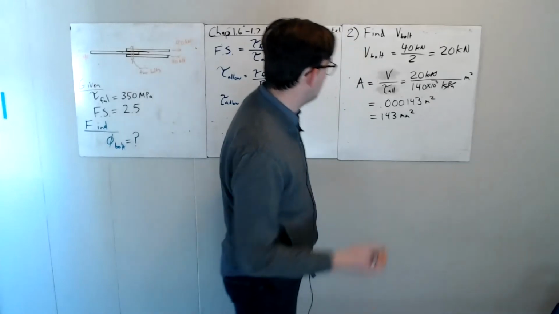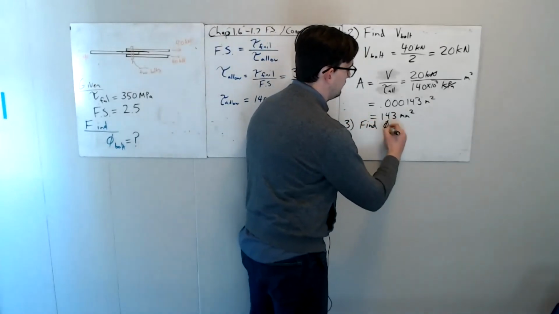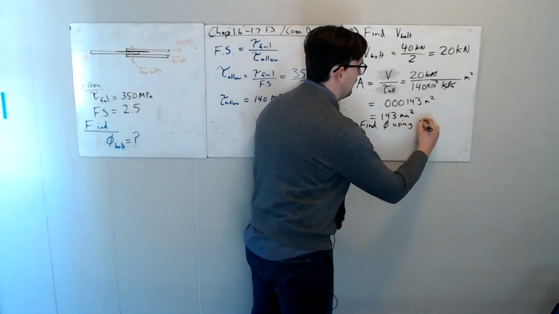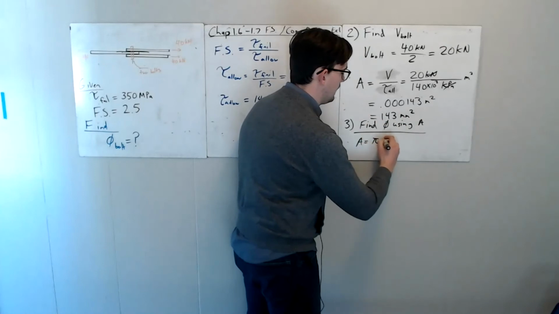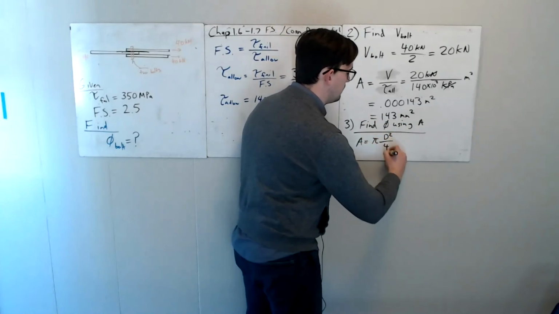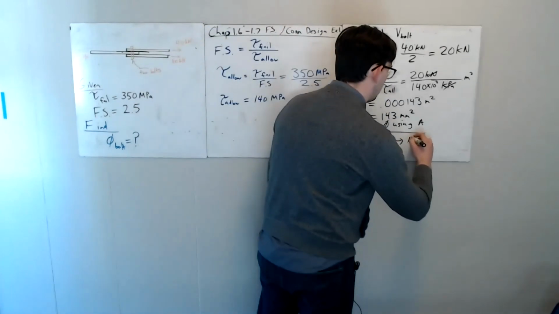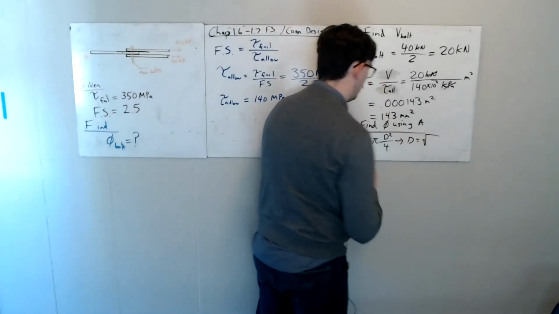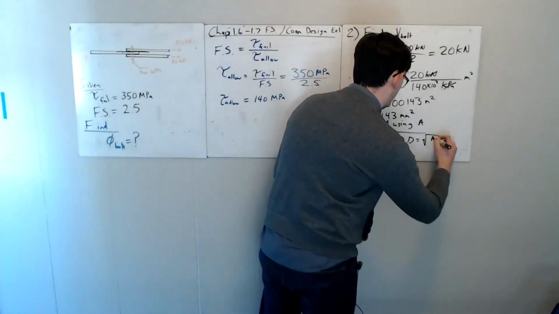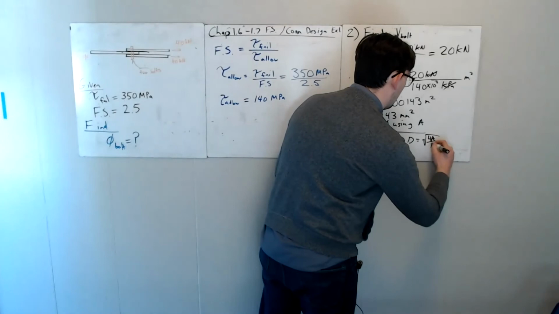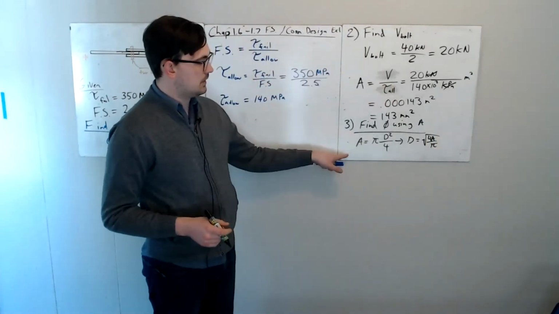This is where we go in and find our diameter using our area. We said area was pi times diameter squared over 4. So I can rearrange this very quickly and get diameter is the square root of 4 times area divided by pi, kicking 4 over here and pi to the bottom.